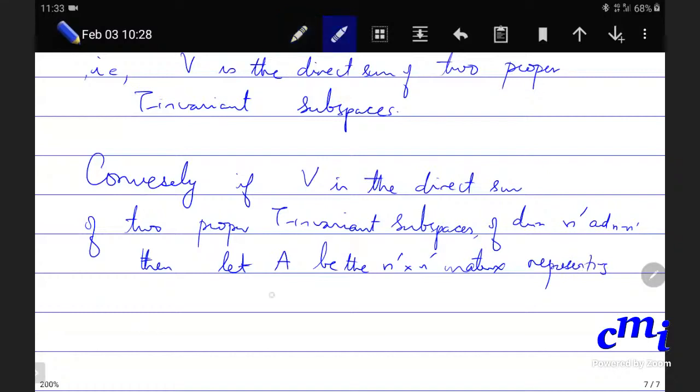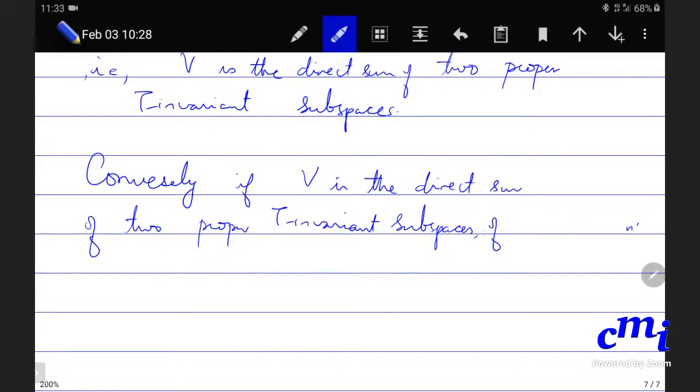Sorry, I'm trying to write this sentence and it is going to be very run on, so let me break it. Suppose that V is the direct sum of two invariant subspaces, let me call them V prime and V double prime.